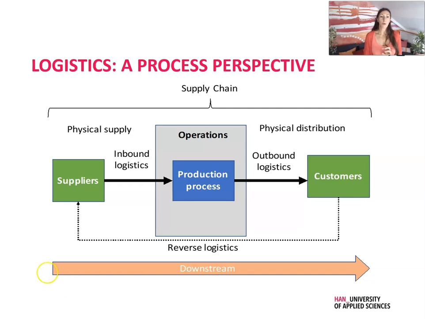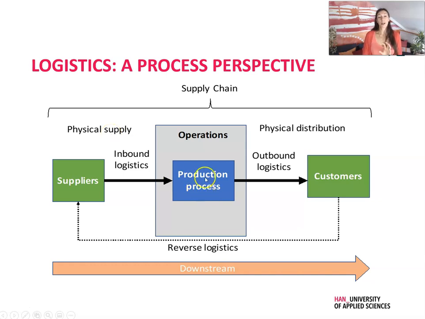What is important here from a logistics perspective is that all the inputs that are shipped from the supplier into the operation, into the factory, this flow of material is part of inbound logistics because it is inbound into the factory. And this is part of the physical supply of the supply chain.